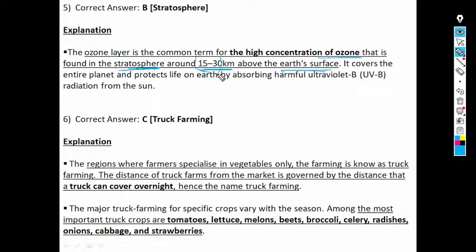It covers the entire planet and protects life on Earth by absorbing harmful ultraviolet UV radiation from the sun.